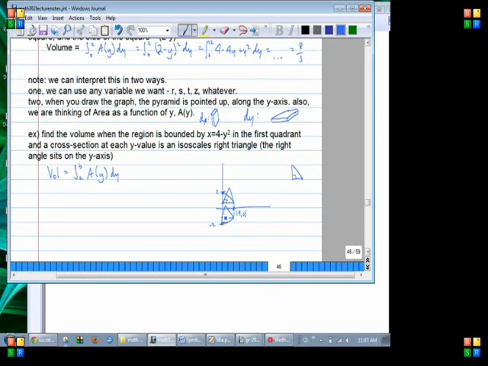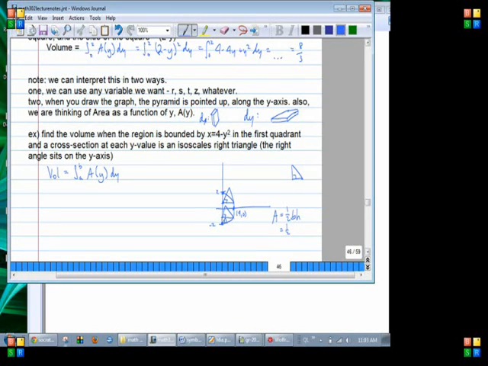So, the volume, okay, so what is the area of that thing? The area of the triangle. What's the area of a triangle? Area is half times the base times the height. Okay. Now, what's the base in this situation? Yeah, the base is the formula.